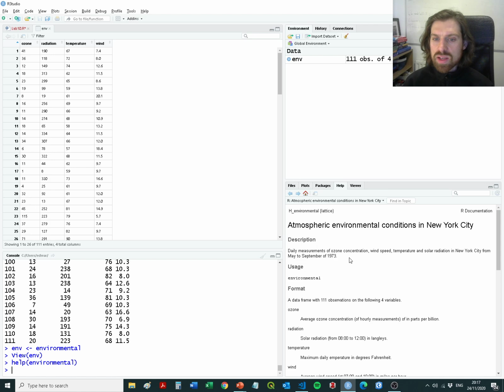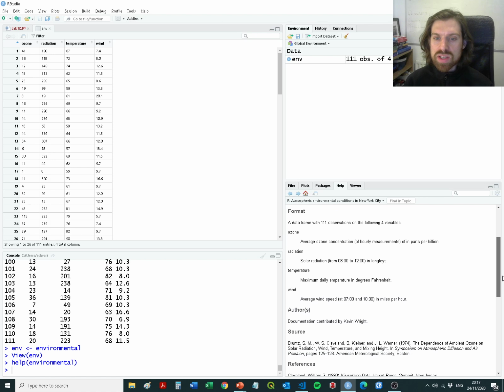So this is the atmospheric environmental conditions in New York City, okay? And that's the daily measurements of ozone concentration, wind speed, temperature, and solar radiation in New York City for May to September 1973. So have a look at the data if you're interested, if you want to understand it.